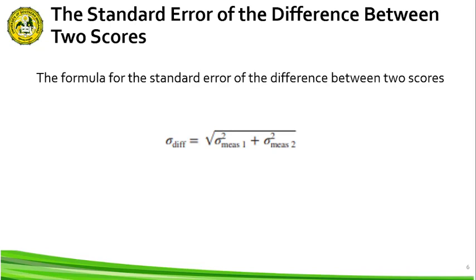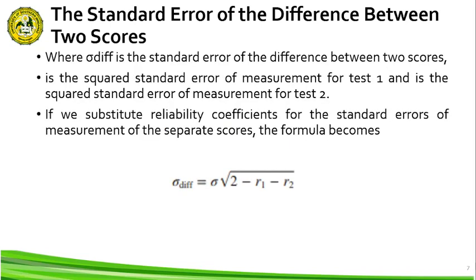If we substitute reliability coefficients for the standard errors of measurement of the separate scores, the formula becomes like that, where R1 is the reliability coefficient of test 1, R2 is the reliability coefficient of test 2, and sigma is the standard deviation.